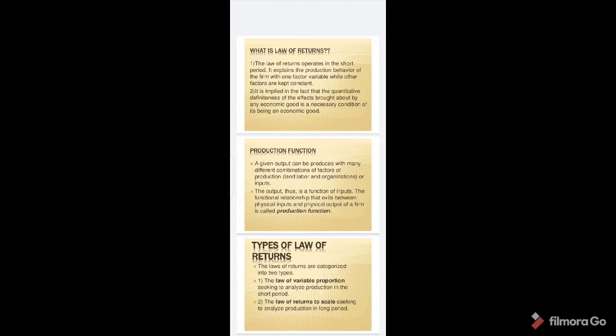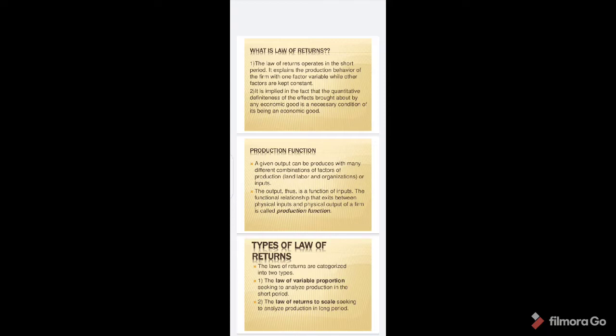So what is production function? A given output can be produced with many different combinations of factors of production: land, labor, organizations, or inputs. The output thus is a function of inputs. The functional relationship that exists between physical inputs and physical output of a firm is called production function.